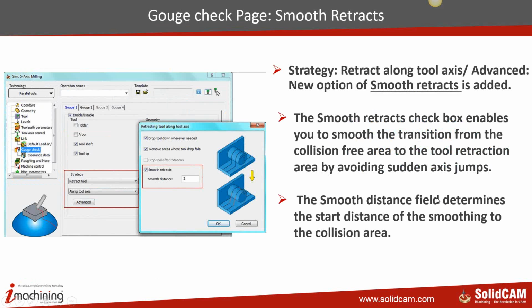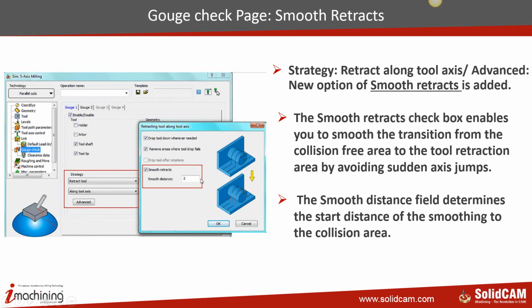We also have some nice new feature called smooth retracts. You can see over on the picture out here that when you use this retract along tool axis option, you get an additional option to smoothen the retracts. What it basically does is it tries to make a tangential transition from the toolpath that is gouging to the toolpath that is safe.